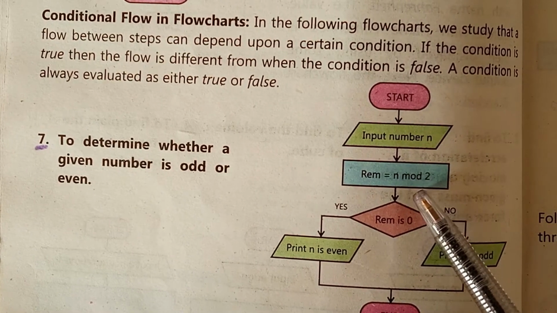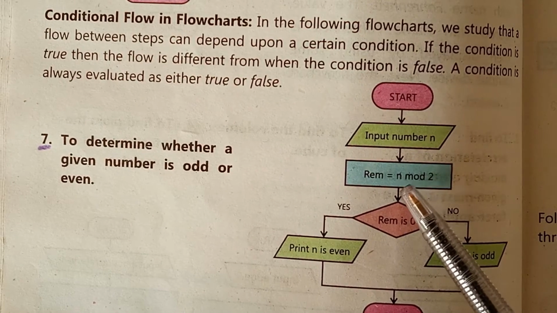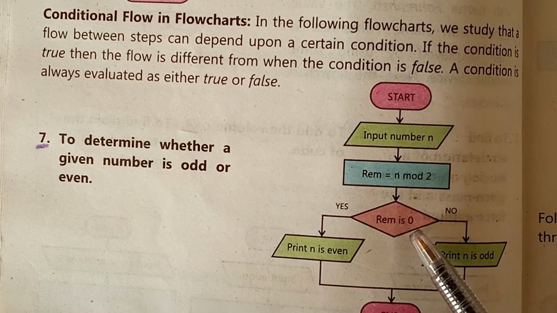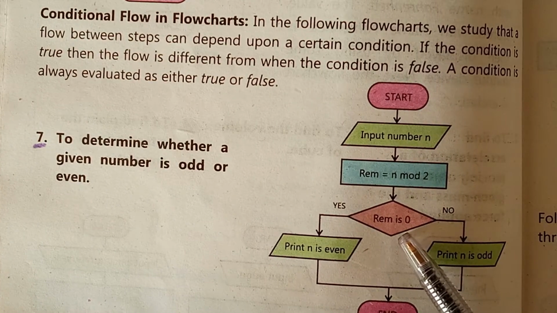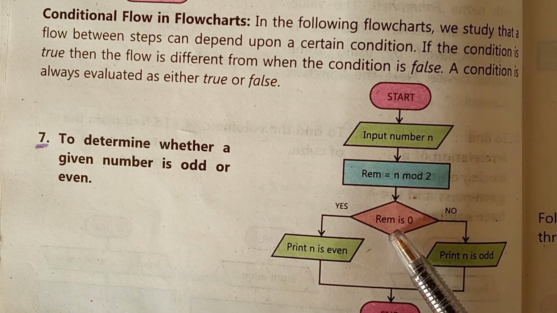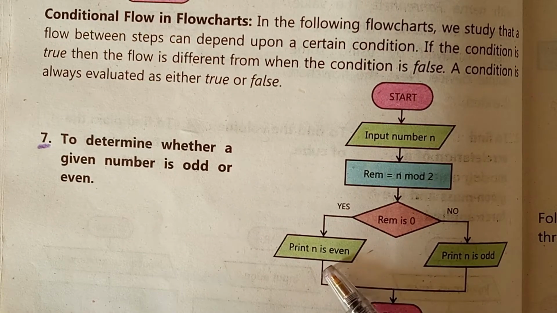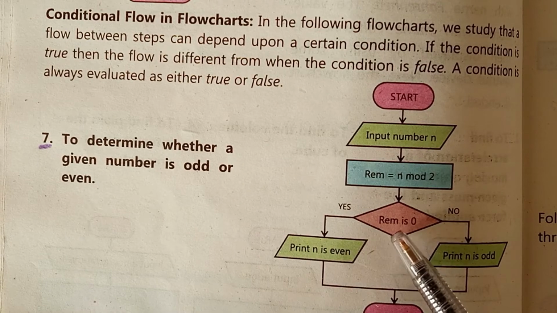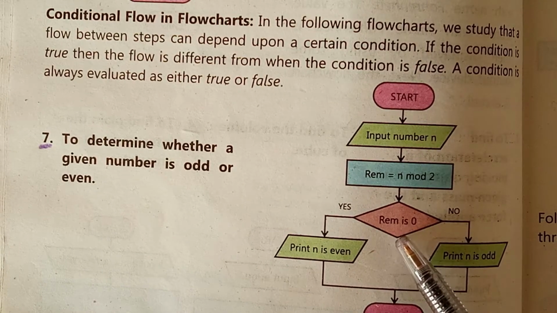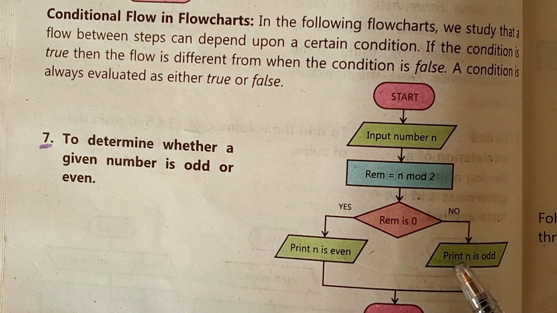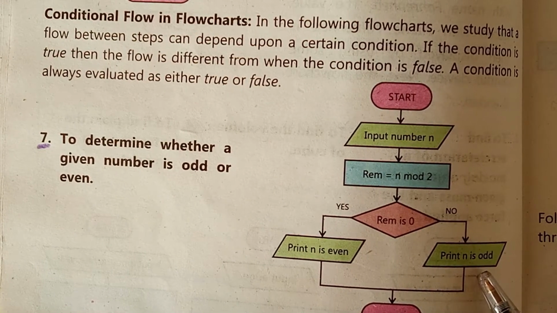So we are going to evaluate whether the number n is divisible by 2 or not. Now the next symbol is the decision symbol. We have a condition that if remainder is 0, then it will print n is even. If it does not fulfill the condition, remainder is not 0, then it will print n is odd.